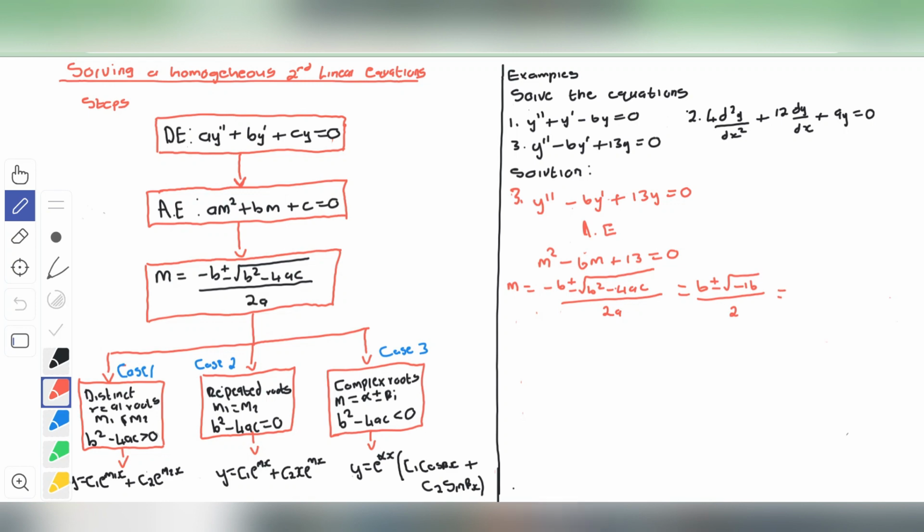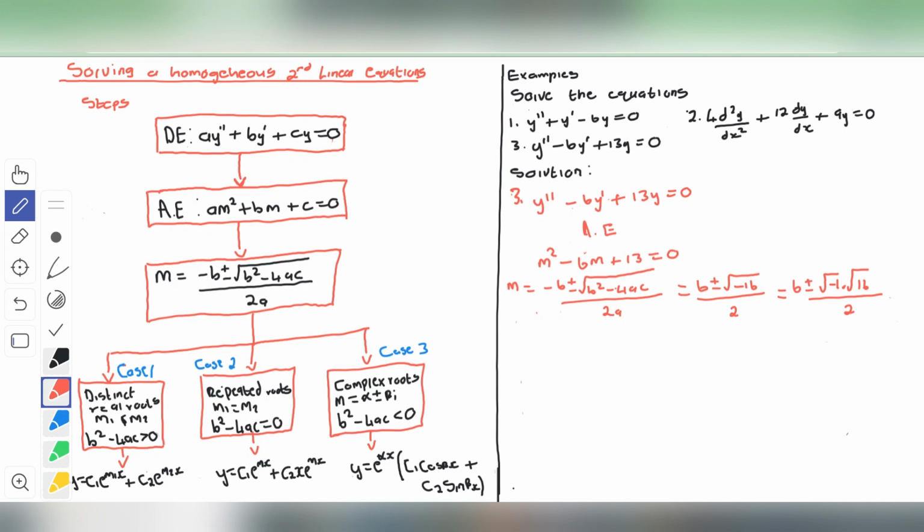We are going to say 6 plus or minus 1 multiplied by the square root of 16 all over 2. Remember that the square root of negative 1 multiplied by the square root of 16 is the same as the square root of negative 16, right?